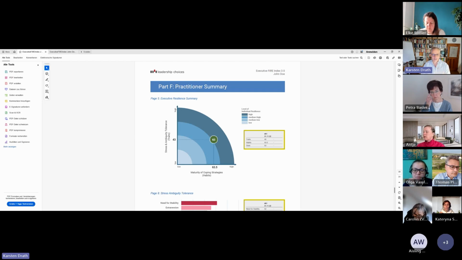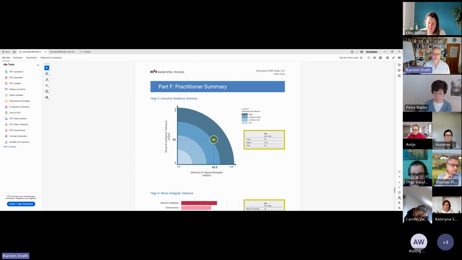That would mean it's 50% genetic, and 50% defined in the imprint phase, the first 7-8 years of a person's life. That is what the traits define, right? And on the horizontal axis, we have the coping strategies, which are the learned habits that a person has integrated into their life.